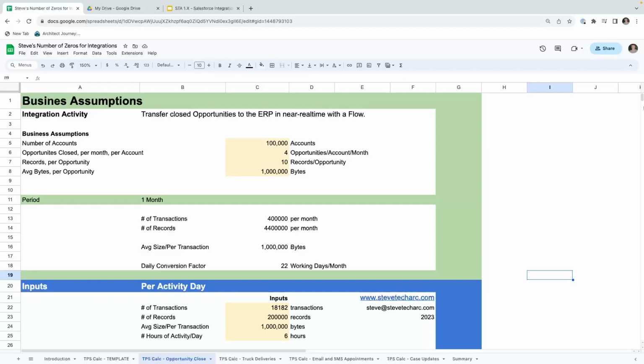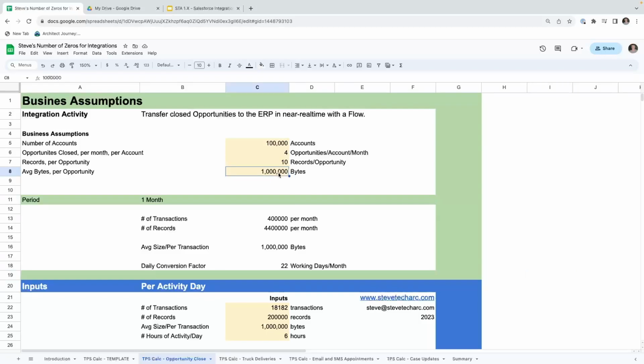Now we have number of records per opportunity. This could be the line items. So they may have an average of 10 line items per opportunity. And then we're going to look at all of the data associated with those 10 records on the top level opportunity. And if we get to, this is 1 meg. Now we could have easily adjusted this.